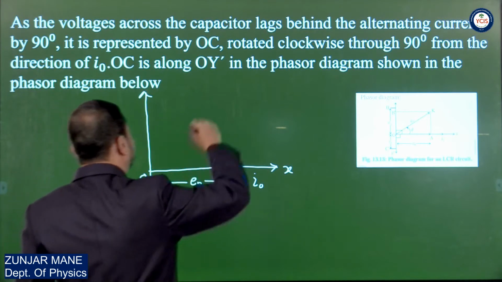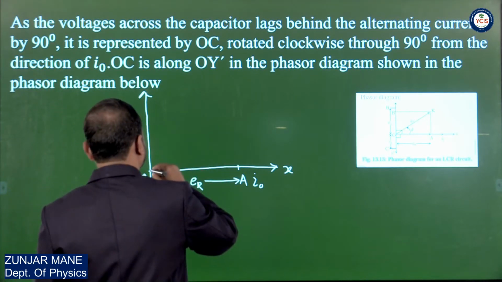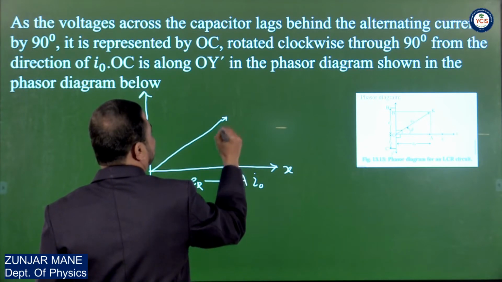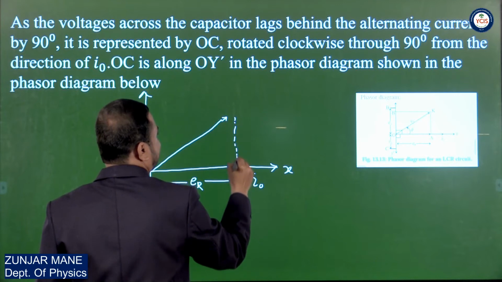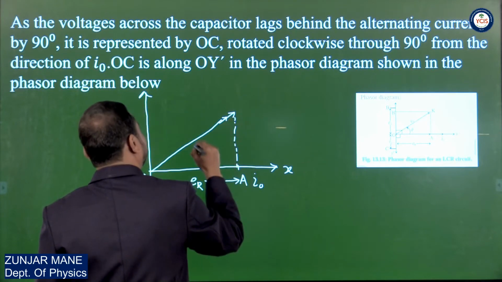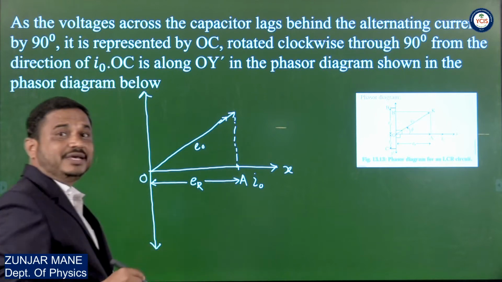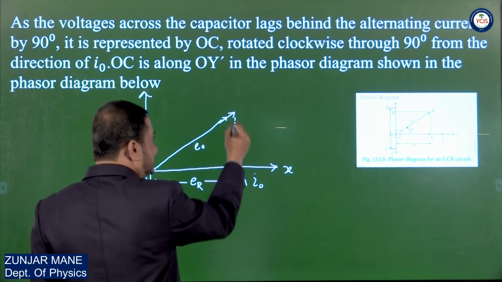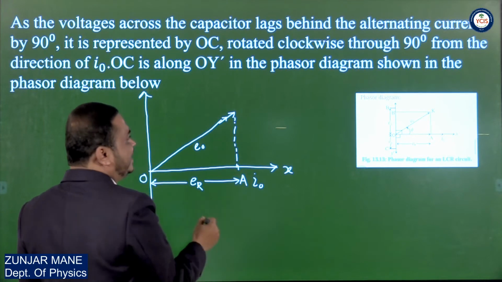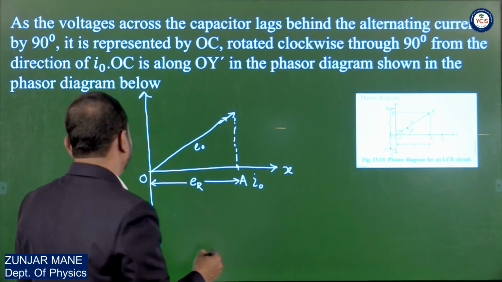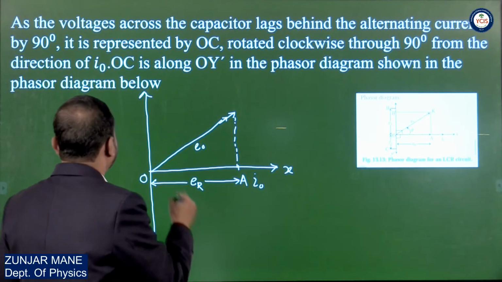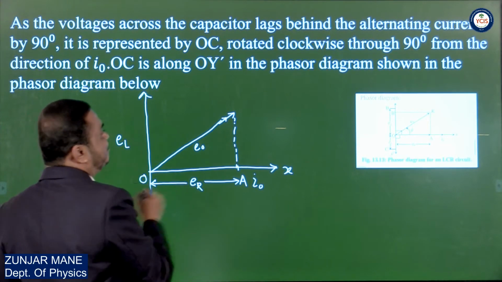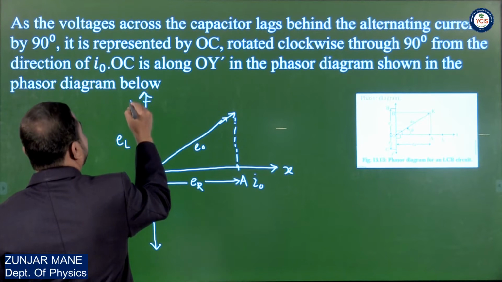Now E0 is the effective voltage, or amplitude of the effective potential, and its projection on the x-axis gives the value of ER. The voltage across the inductance leads by phase angle, and suppose it is represented by OB.